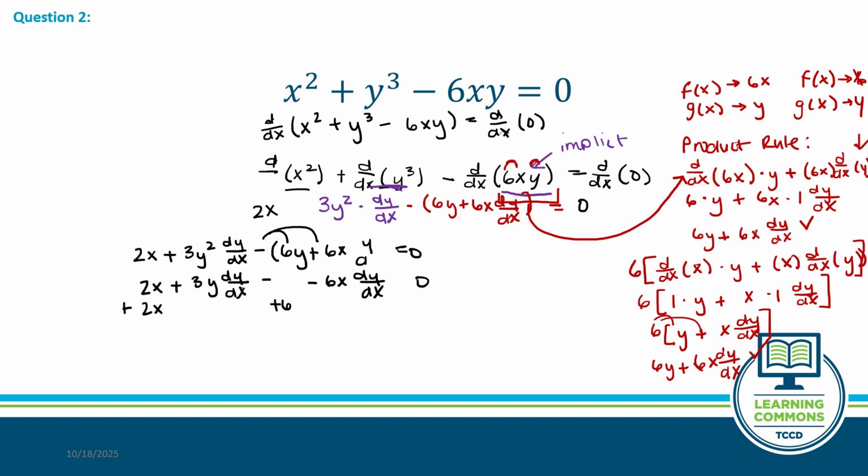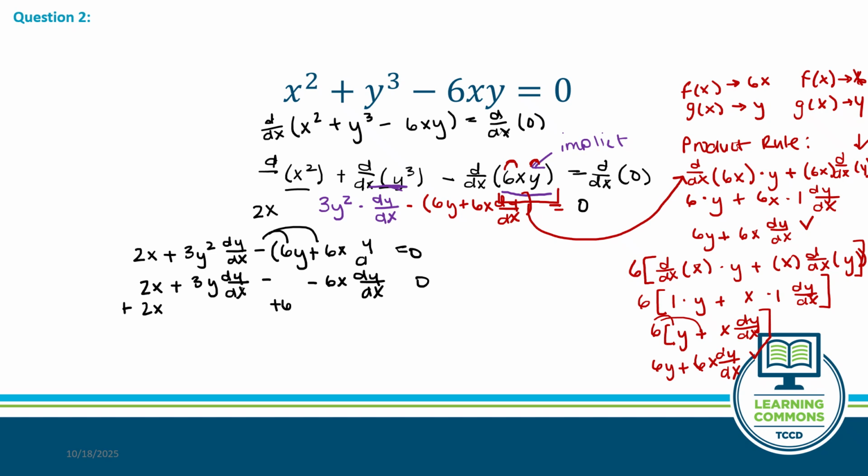That's 6y, I promise. Okay, so opposite operation on both sides. So plus 3y dy/dx minus 6x dy/dx equals 2x plus 6y. Factor out dy/dx. You're left with (3y minus 6x) dy/dx equals 2x plus 6y.